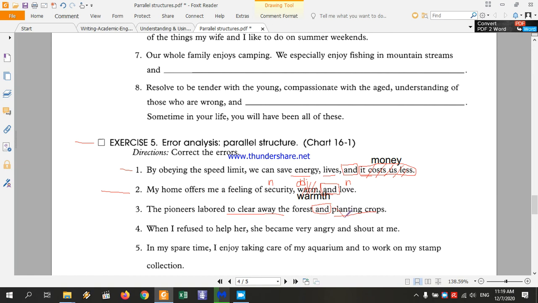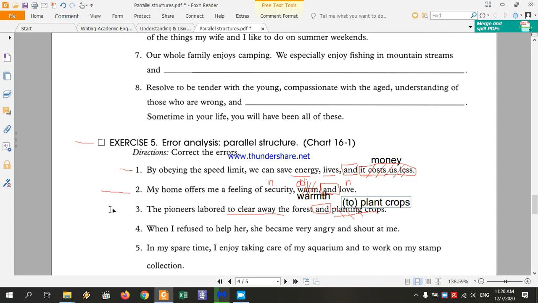So we're going to cross out planting crops and write: the pioneers labored to clear away the forest and to plant crops. Remember the to is optional, so we can omit it, so we're going to write it between parentheses. We can say the pioneers labored to clear away the forest and plant crops, or the pioneers labored to clear away the forest and to plant crops.